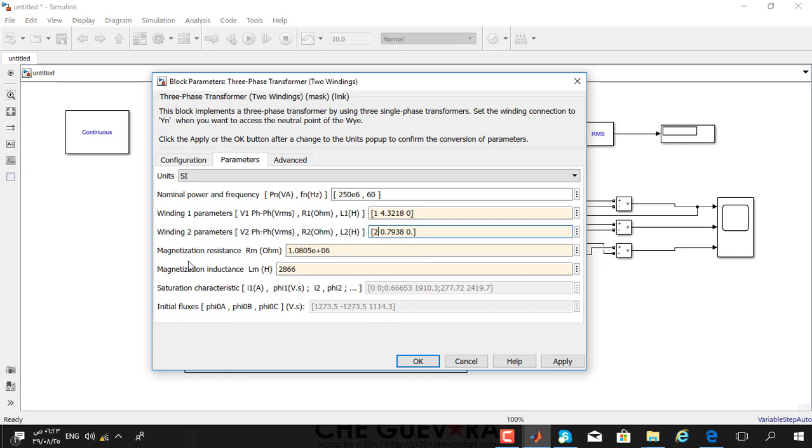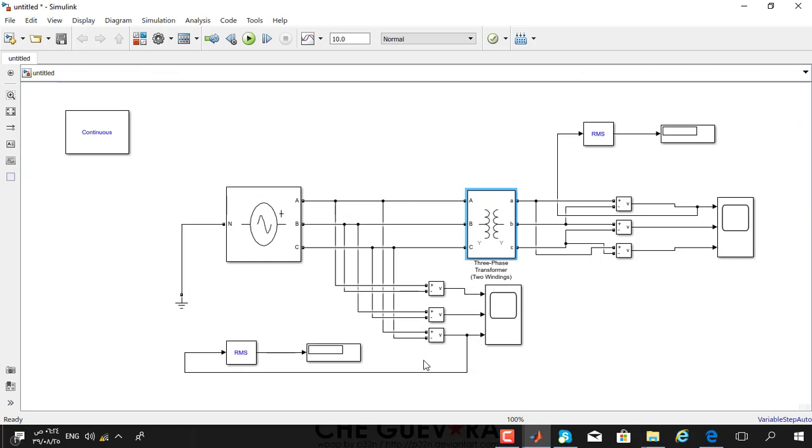For the magnetization resistance we make it infinity, so we write INF. Even for inductance, the magnetization resistance and magnetization inductance, INF. Apply. Okay. Now I think we are done.